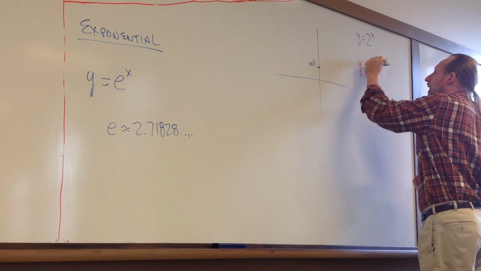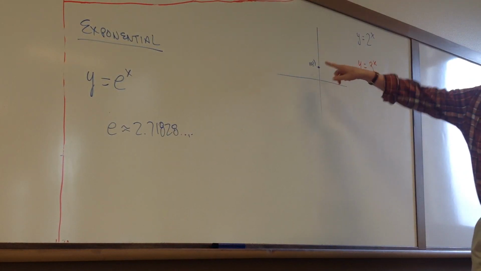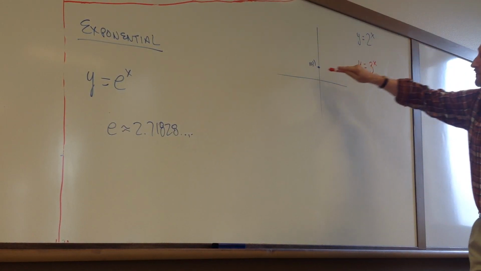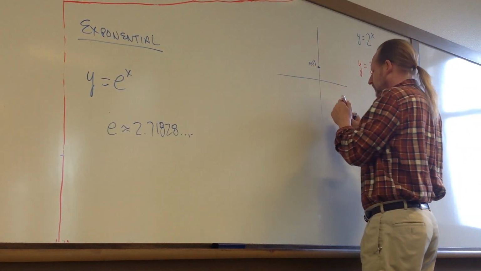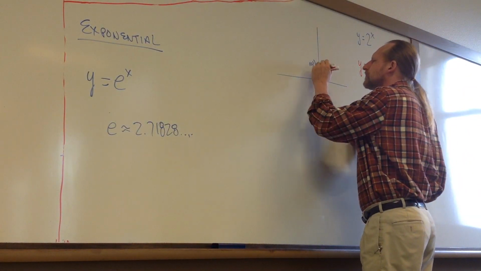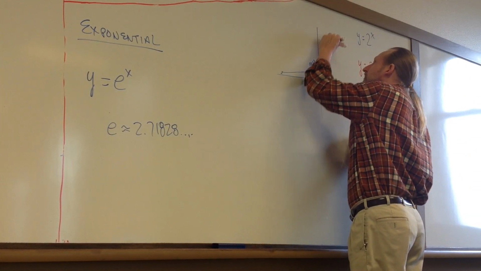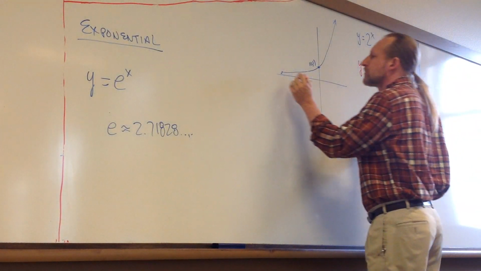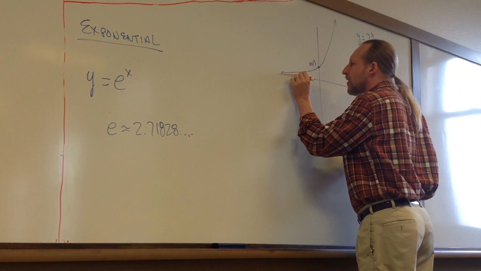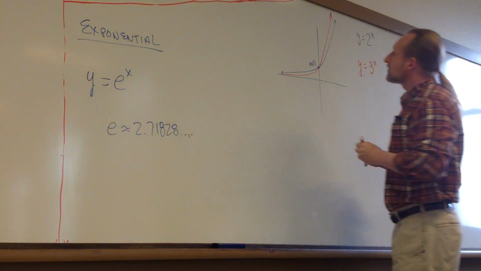And if you have y equals 3 to the x, then 3 to the 0 power is also 1. So both of these curves are going to pass through this point. But the y equals 2 to the x function that I'm going to draw in blue is going to look something like this, whereas the y equals 3 to the x function is going to be doing something like this.